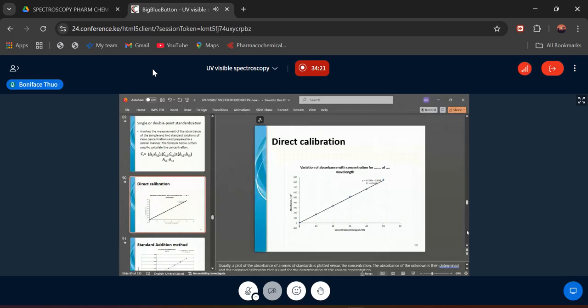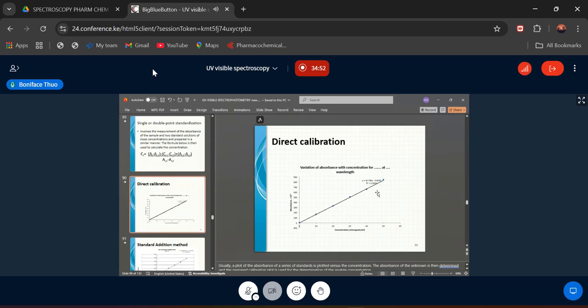For direct calibration method, you simply prepare a series of concentrations, measure absorbance, and then prepare the sample in the same way. By measuring the absorbance of the sample, you can, for example, do the graphical method like we have here.